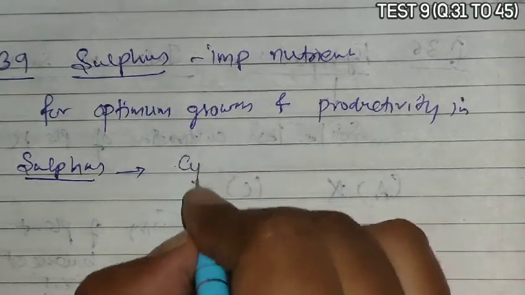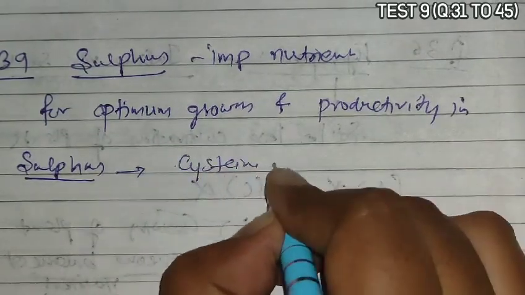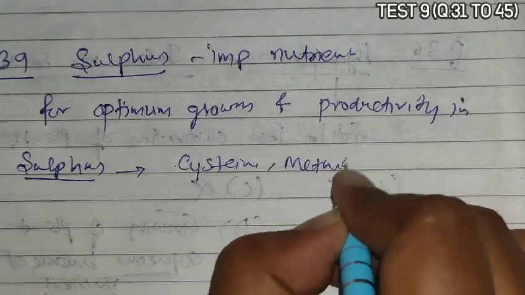So it is present in cysteine and methionine.